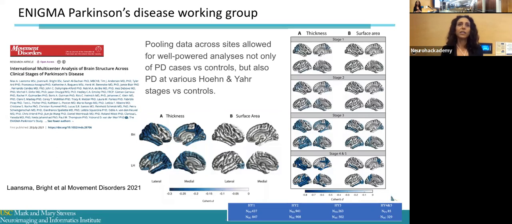There are a lot of times where certain sites have not collected individuals at all disease stages. So you can't necessarily do this within a site, but only when you pull the data together do you really have the power to break this up.